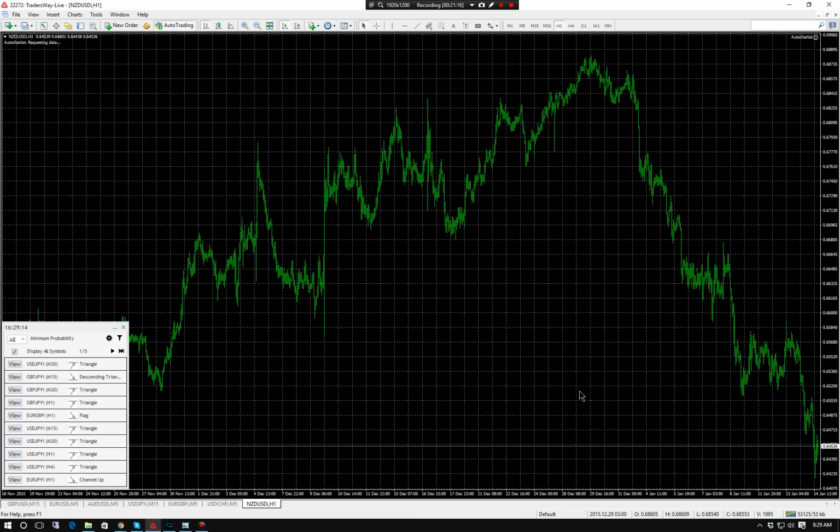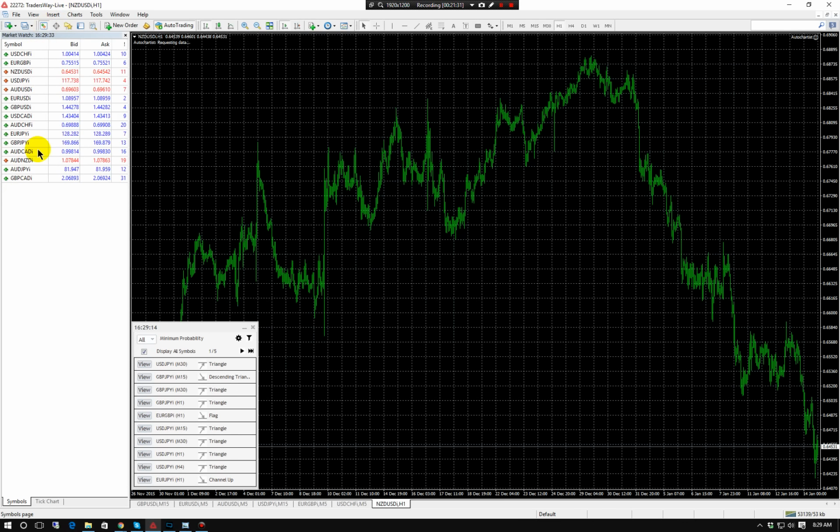Okay, so now as this pops up, display all symbols is marked. It gives me 5 pages of pairs that I could look at, and it's telling me this is all the pairs that I have in MarketWatch. So let's say you have 5 pages but you don't ever trade GBP CAD. Just go to MarketWatch, hit delete, and it'll remove it out of there.